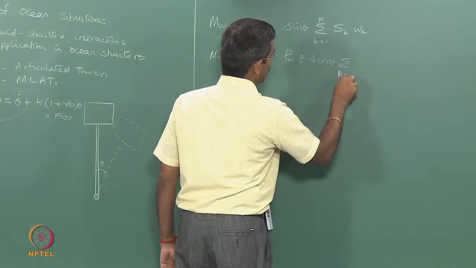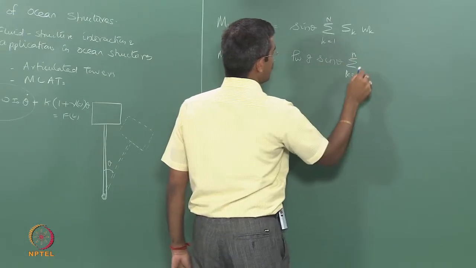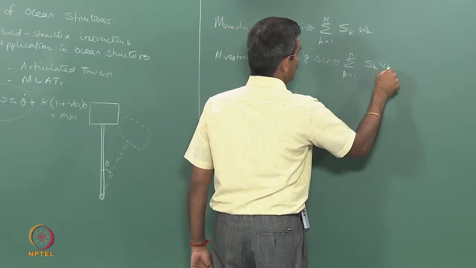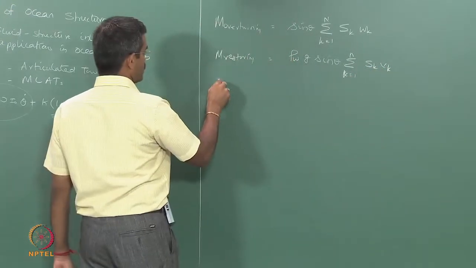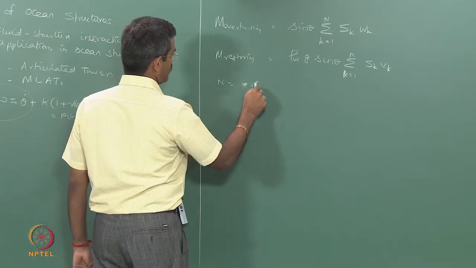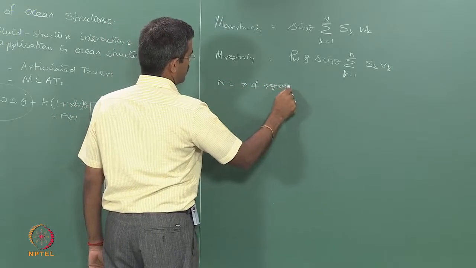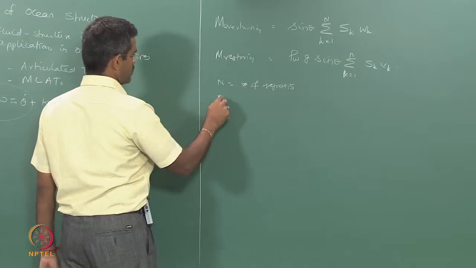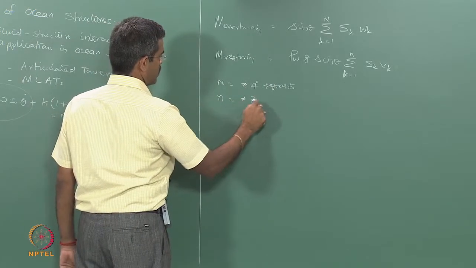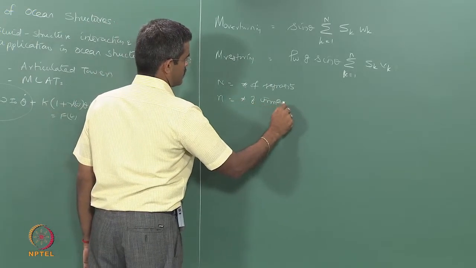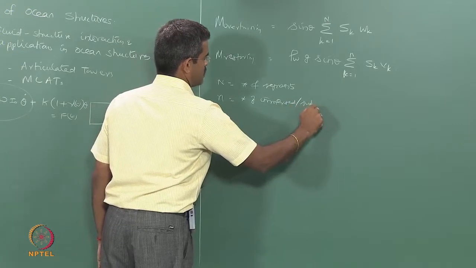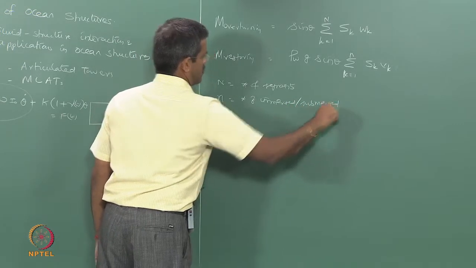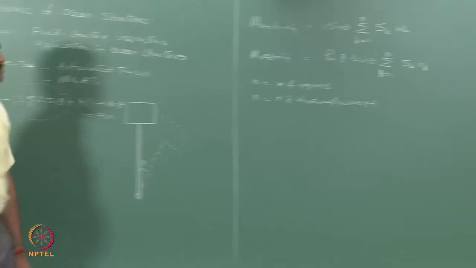summation k equals 1 to small n of SKVK, where capital N is the number of segments considered in the analysis, whereas small n is the number of immersed, or submerged, segments considered in the analysis.